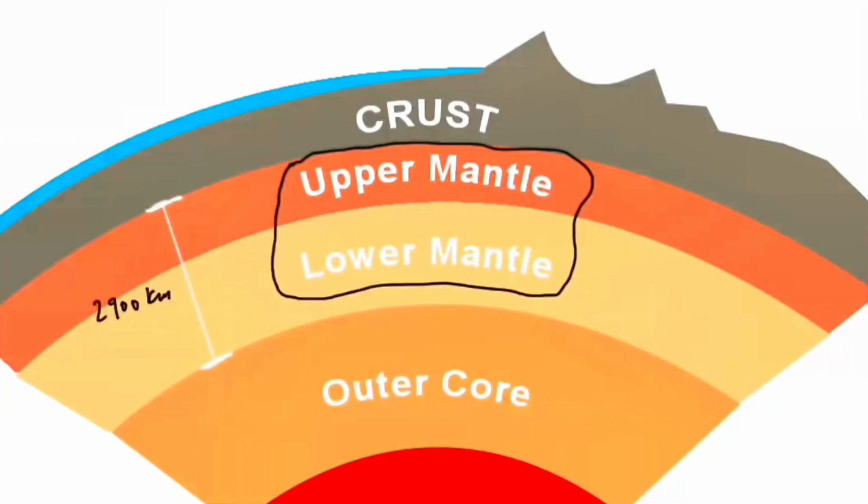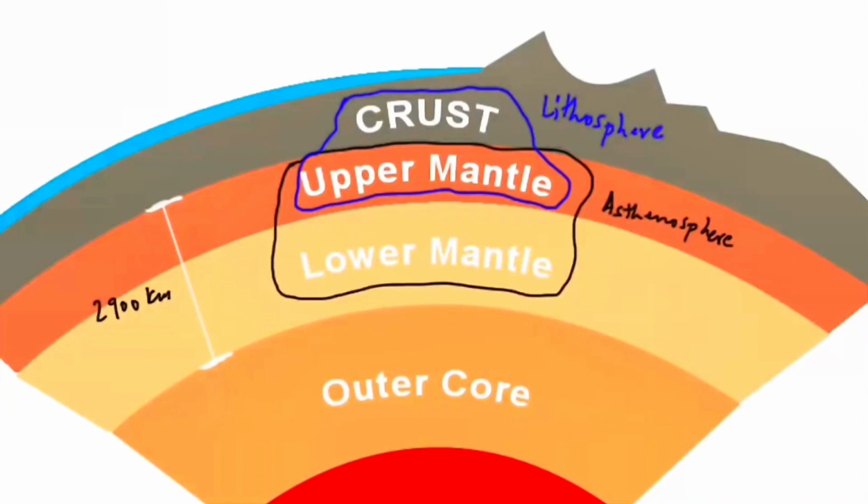The upper mantle is called asthenosphere. The region of the crust and the upper mantle together we call lithosphere. Asthenos means weak, and due to its weakness, the magma finds a way to the surface of the earth, causing volcanic eruption. The total thickness of the crust and the upper mantle is 200 kilometers.